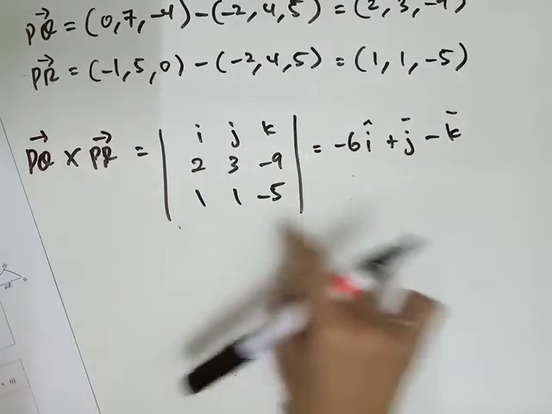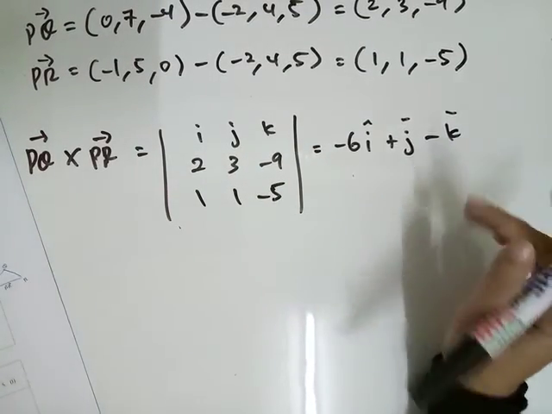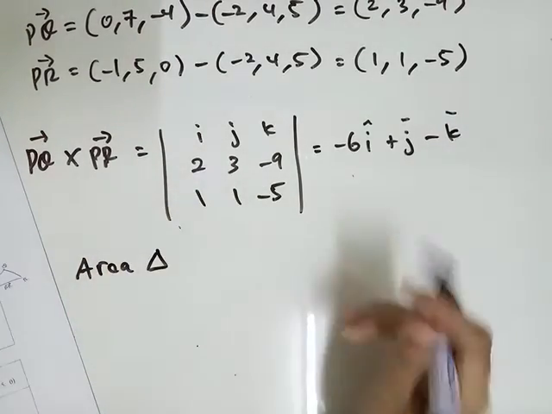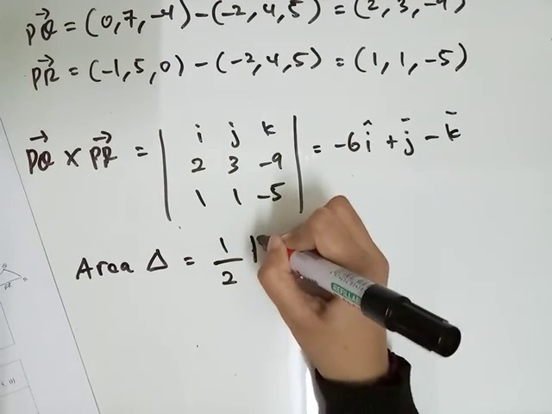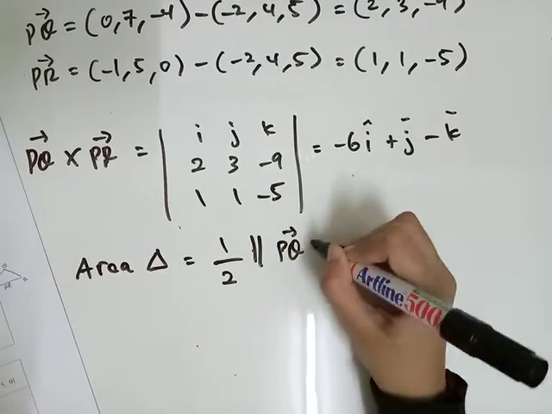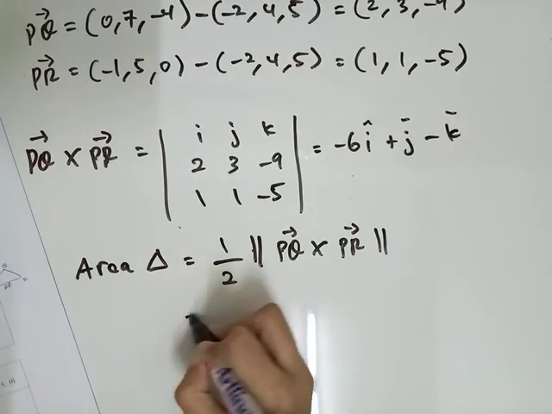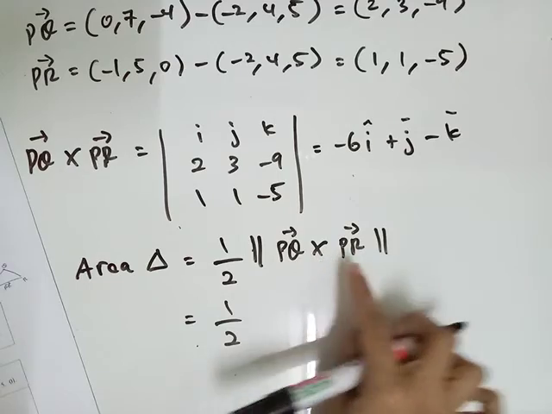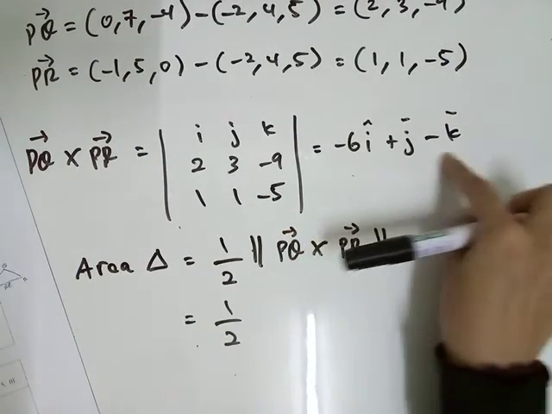Okay, bila awak dah calculate using determinants, awak akan dapat vector ni. Okay, and then apa? Soalan minta find the area of triangle. So, area of triangle, formula dia 1 over 2 magnitude of vector PQ cross vector PR. Ataupun the length dia. So, 1 over 2. How to find the length of vector PQ cross PR? Kita dah dapat dah vector dia.